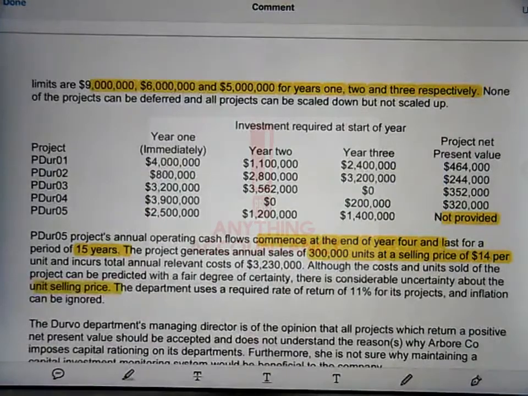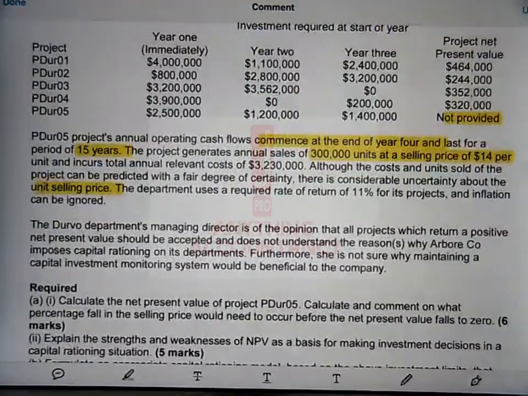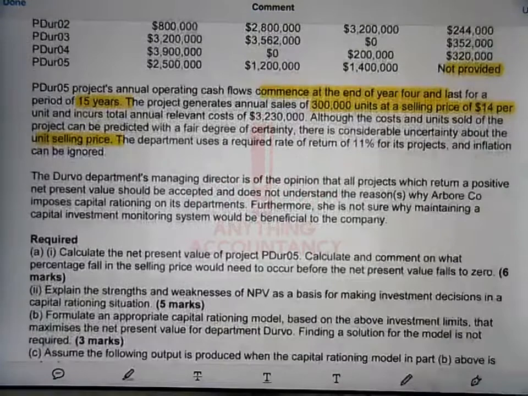Okay, the department uses a rate of return of 11%. Inflation can be ignored. Durval's MD is of the opinion that all projects with a positive NPV should be accepted and does not understand the reason why Arbore imposes capital rationing on the department. Furthermore, she is not sure why maintaining capital investments would be beneficial. Okay, now, have you calculated the NPV?